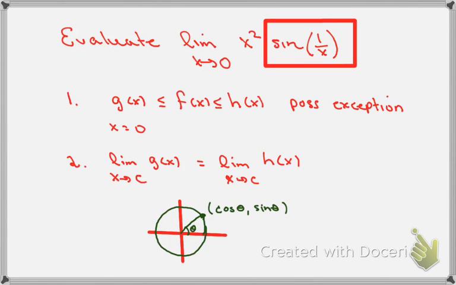And so with the unit circle, the largest that sine or cosine will be is 1, and the smallest it will be is minus 1. So I can use that information to now order my function x squared sine 1 over x.